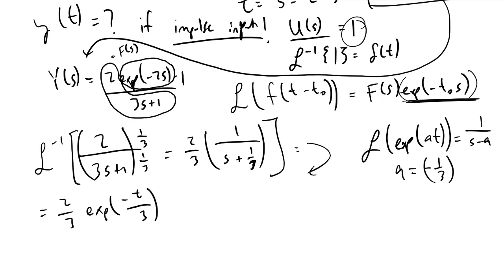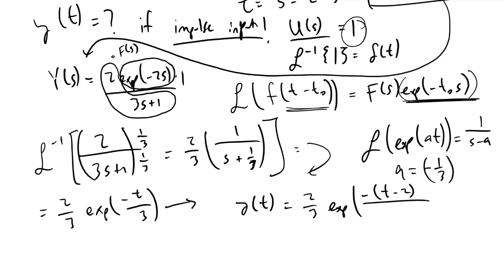And because we had this exponential term here, which was shifting our function over by t naught, we will now plug in everywhere we have a t, t minus, in this case, 2. And so what we ultimately arrive at is that our function y of t is equal to 2/3 times the exponential of minus quantity t minus 2, the shift, divided by 3.